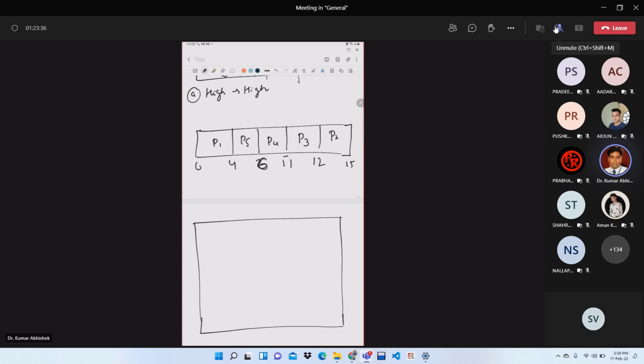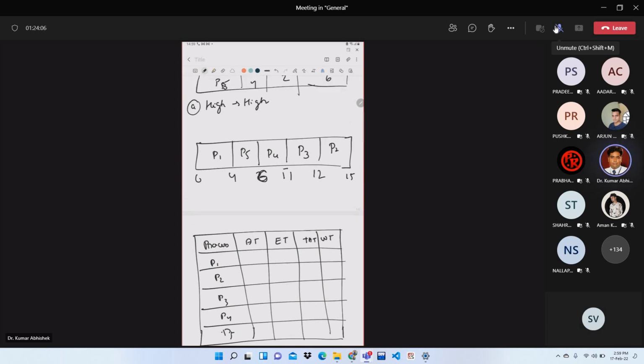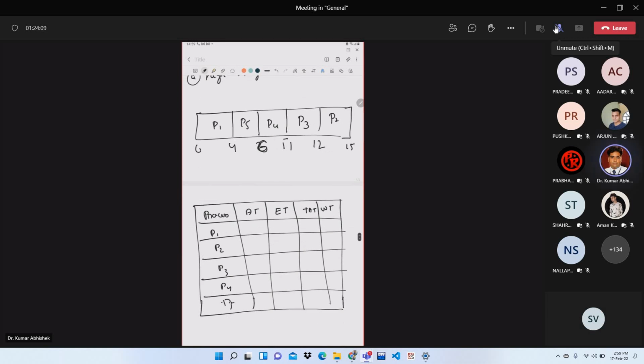So this is your table. Process: P1, P2, P3, P4, P5. Arrival time: 0, 1, 2, 3, 4.